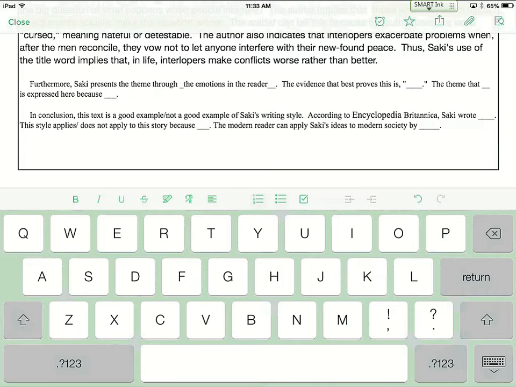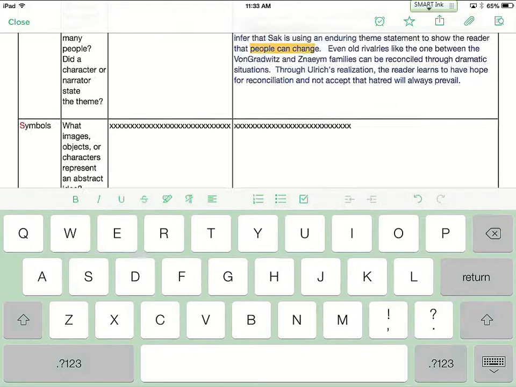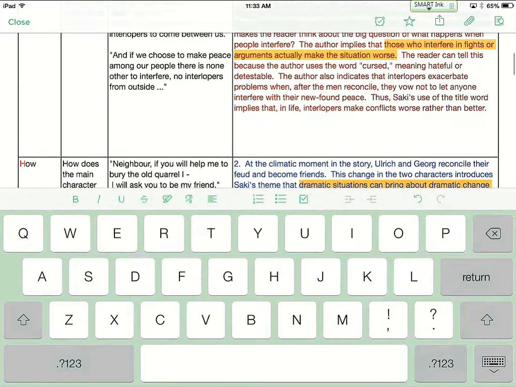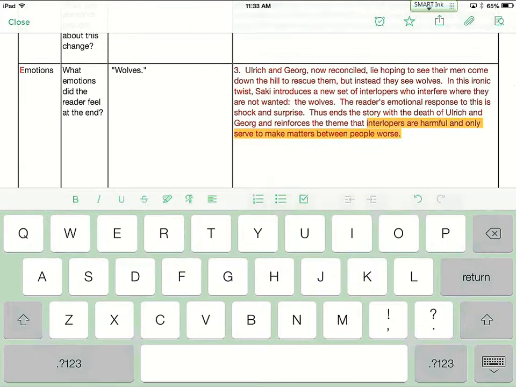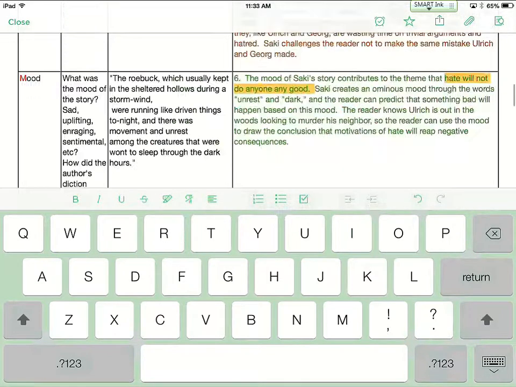The evidence that best proves this is, so go back up here to the emotions where you found your red explanation, number 3, and get your quote, which is easy, and put it down here in the body paragraph.